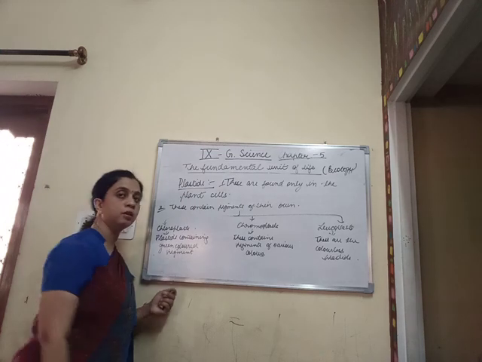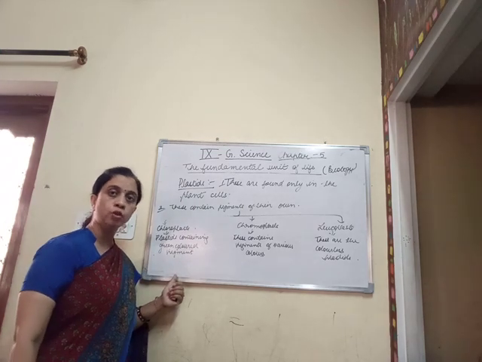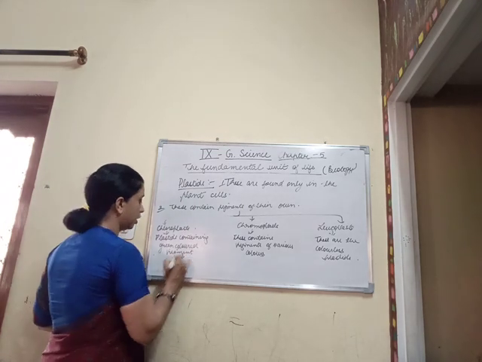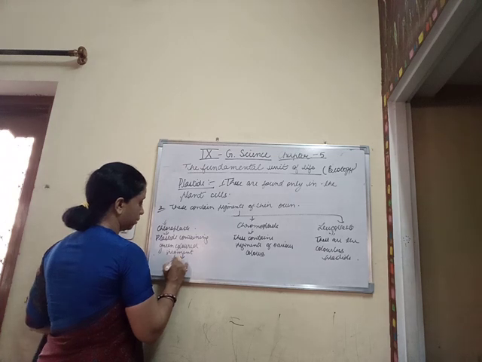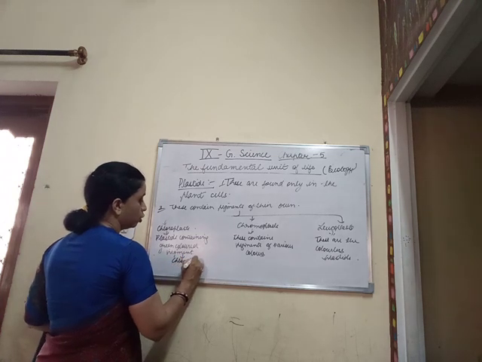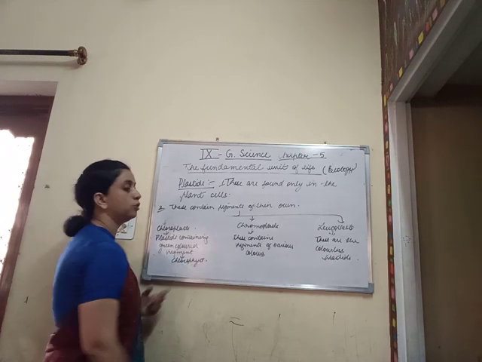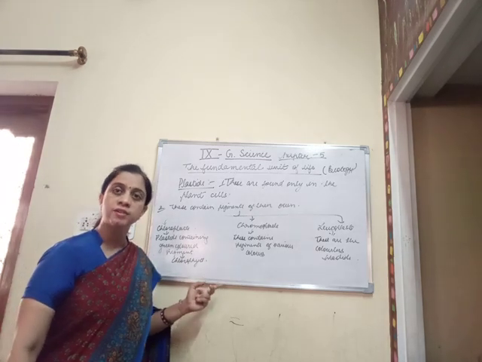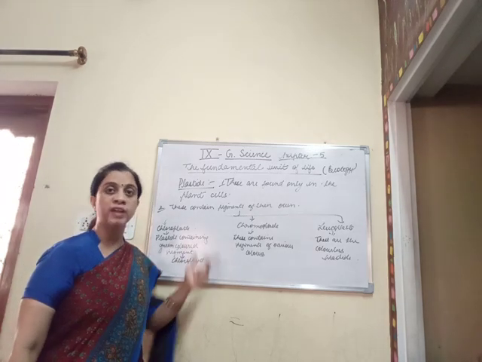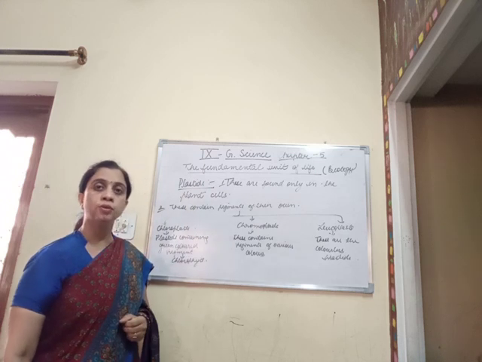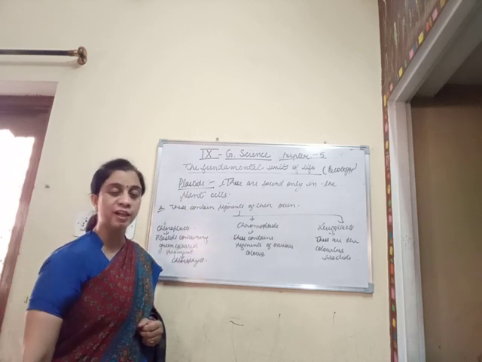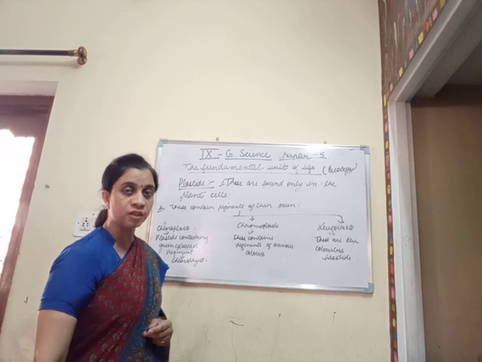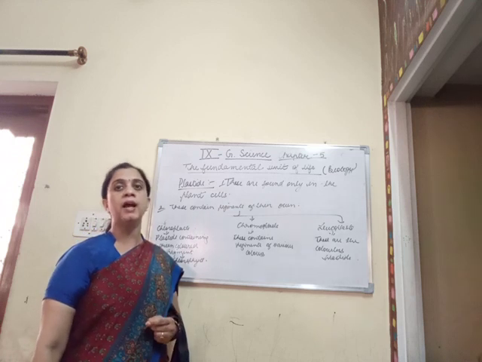Basically, in the green plants, the chloroplasts are present, which contain the green colored pigment known as chlorophyll. It is through this chlorophyll that the green plants are able to capture the energy from the sun and convert it into chemical energy.